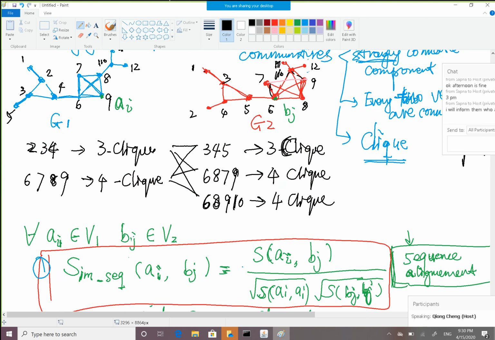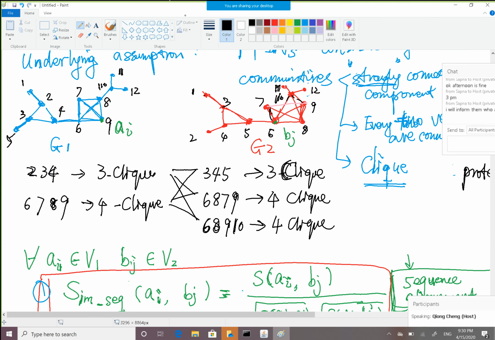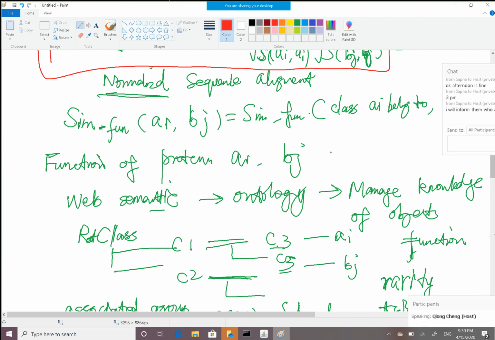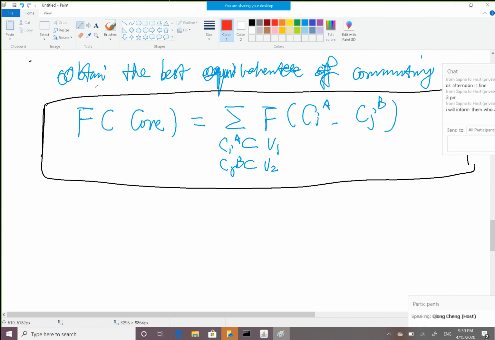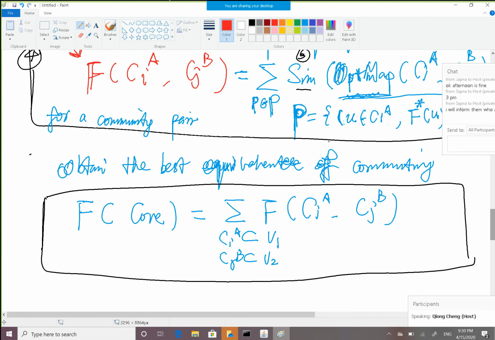Corresponding to here, you want to find the one best mapping, for example. Then you put this best mapping in the core. This is the fifth function, and in the paper they also mention it in this order.